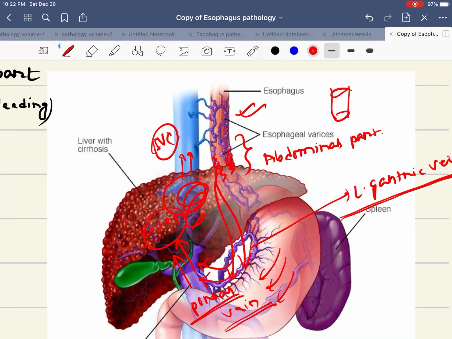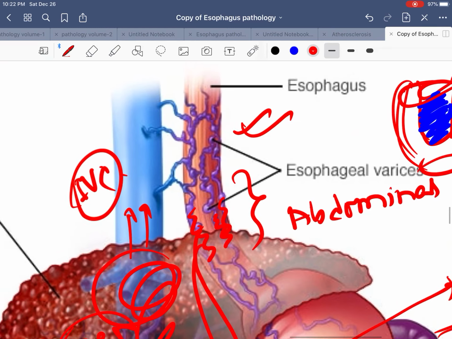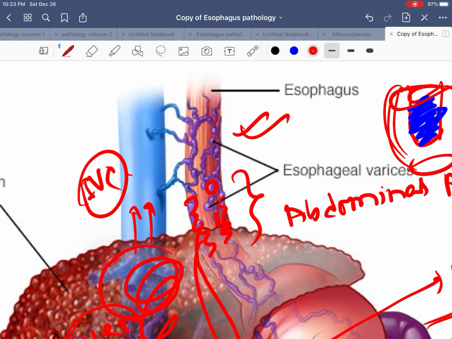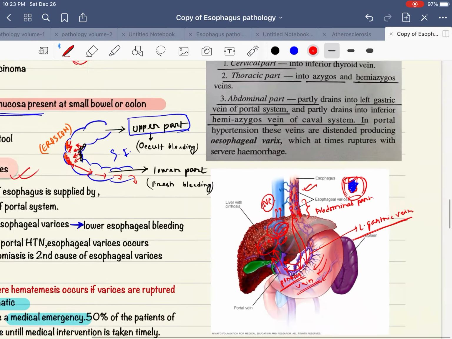And if extra blood is pooled within veins, these veins will be dilated, and their wall will be thin and have less strength. That's why at any time they can rupture. Okay, so these dilated and tortuous veins, you can see, are called esophageal varices.